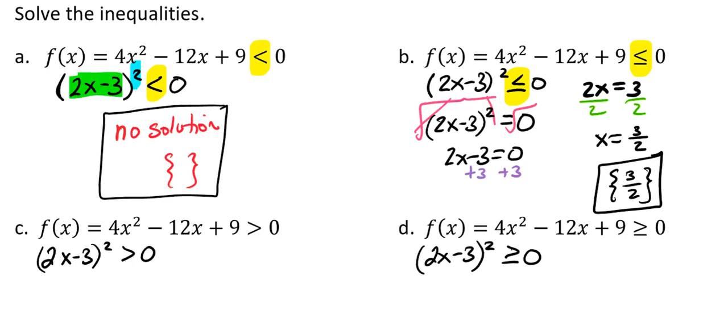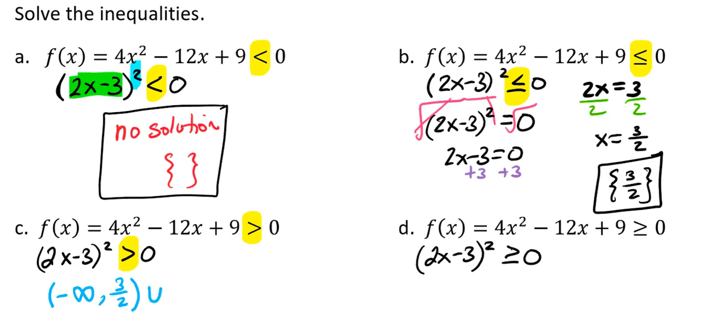As we talked about in part A, we can't have a negative number. Everything's going to end up being positive. So in letter C, we're looking strictly for greater than 0, so we don't want 0 to be able to be an answer. In problem B, we already found that 0 happens at 3 halves, and we don't want that. So our answer is going to go from negative infinity all the way to 3 halves, and we're not going to include it because we don't want to have a 0.